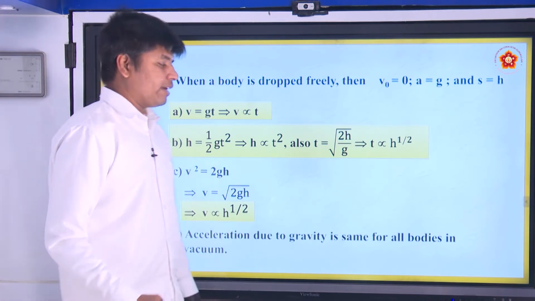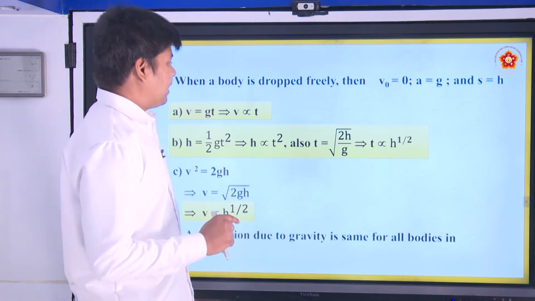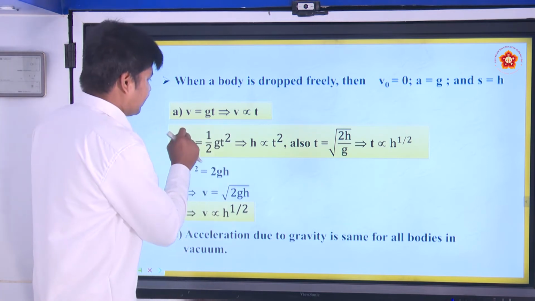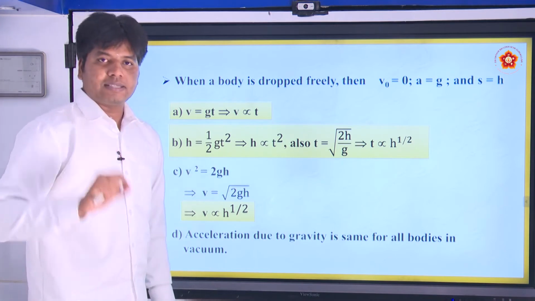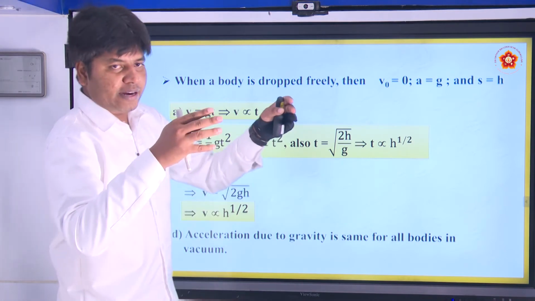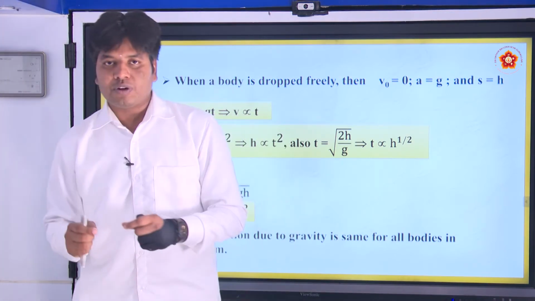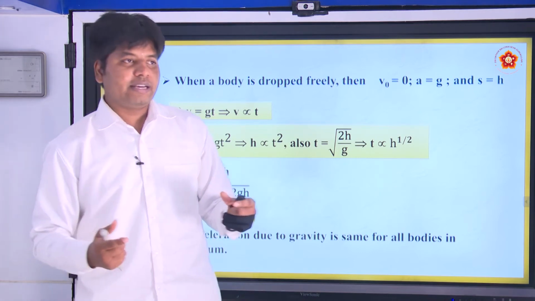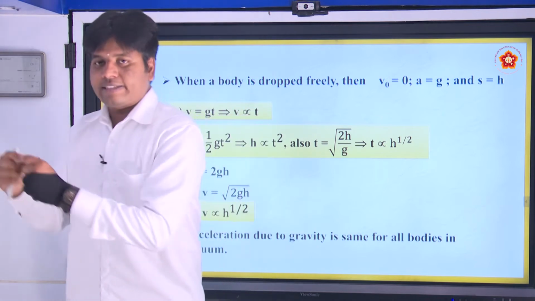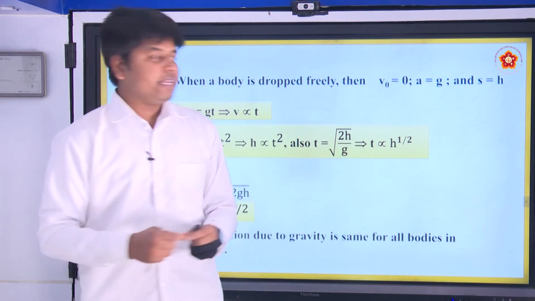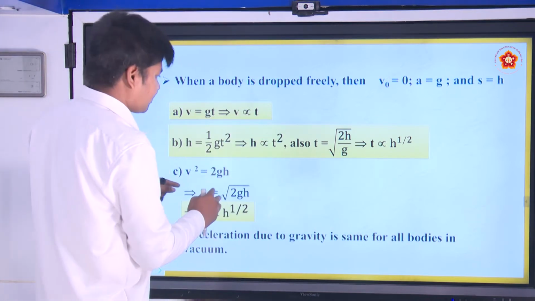And the last point is, did you see anywhere that the acceleration due to gravity depends on the mass? If I keep a 100 kg ball and a 10 gram ball, do you think the gravity acting on the 100 kg ball is more than on the 10 gram ball? Is there any mass here? There is no mass.